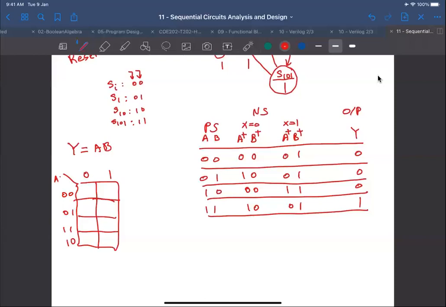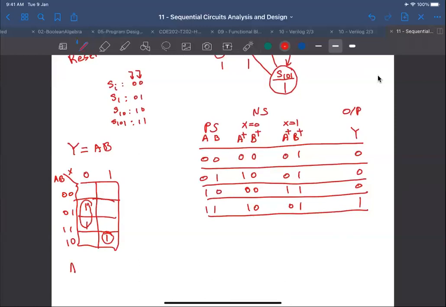This is AB and this is X. So A plus will have a 1 here and here, and also in the last row when X is 1, 101. So my A plus will be this, ORed with this.